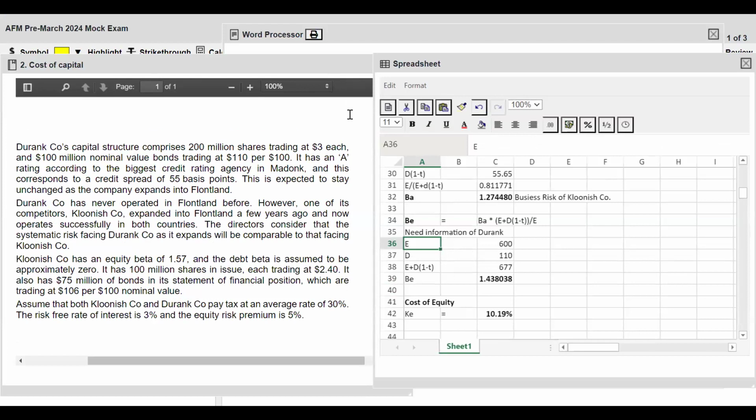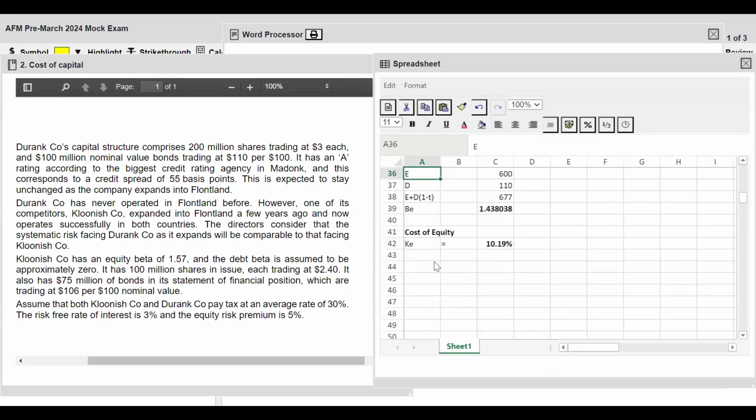Okay, now 10.19% is the cost of equity. Now what we need is the cost of debt. So how are we going to calculate the cost of debt in this scenario?